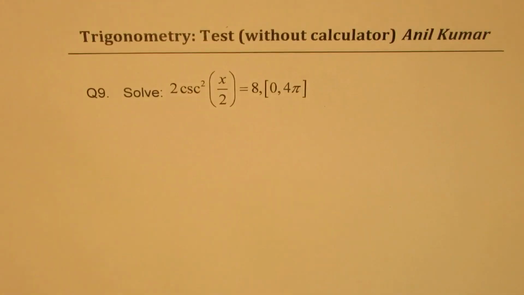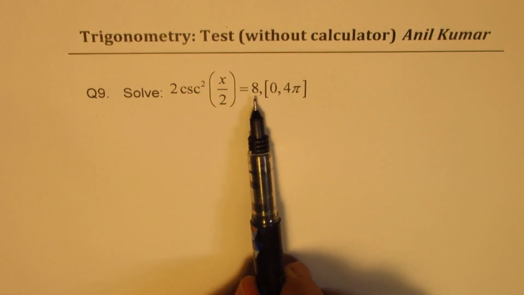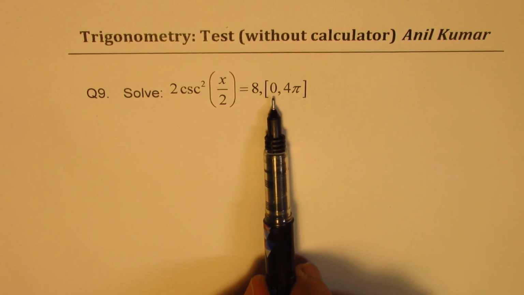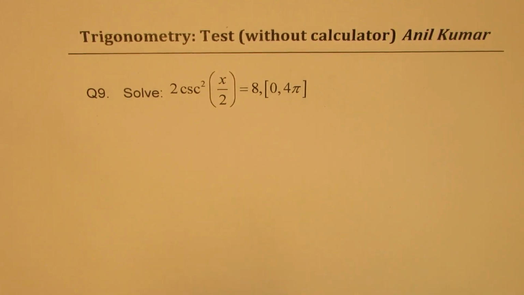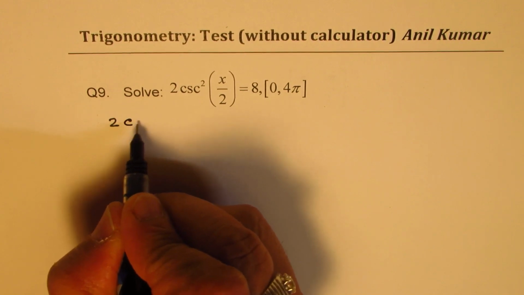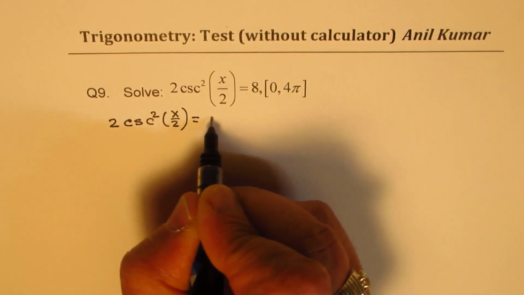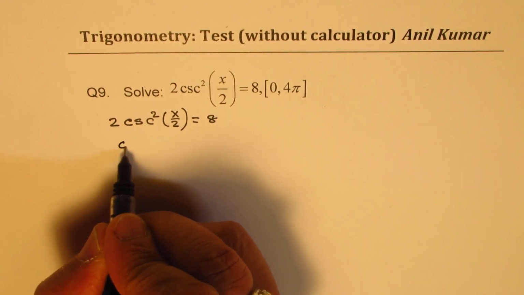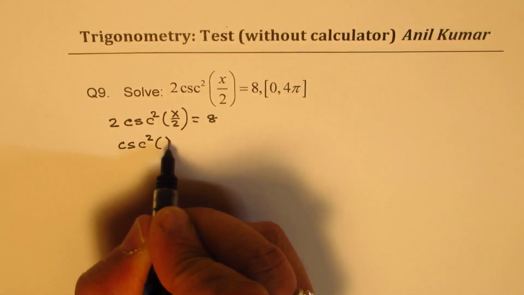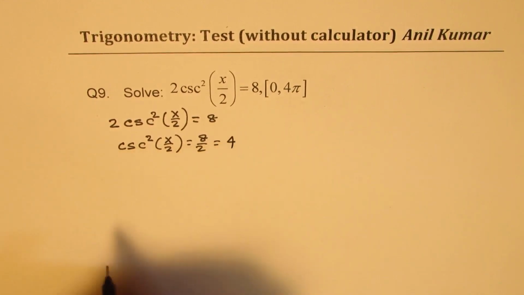Now let's move on and take the next question, which is 2 cosecant square x by 2 equals 8, and this time it is from 0 to 4 pi. Okay, so let me rewrite, cosecant square x by 2 equals 8. So that means cosecant square x by 2 is equal to 8 over 2, which is 4.